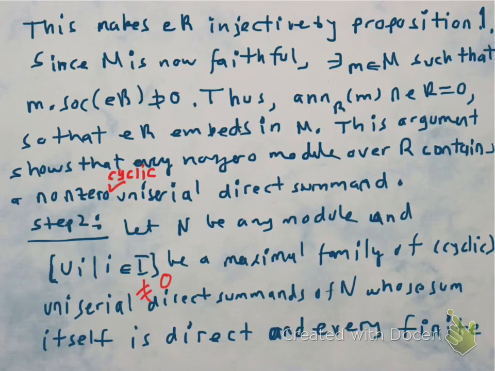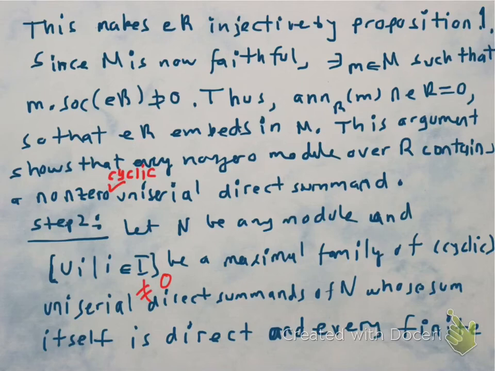Now in step 2, we will follow the classical method of decomposing a module into indecomposables and take a so-called maximal local summand, namely this family of UIs, consisting of uniserial direct summands of N. What do we mean by local summand?